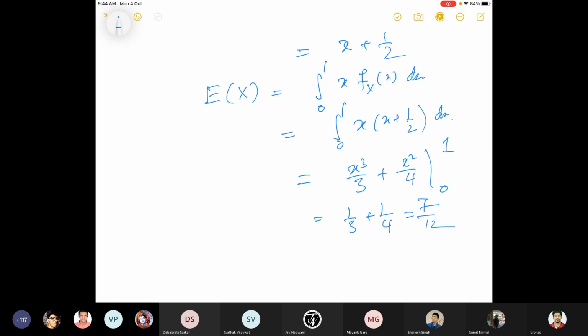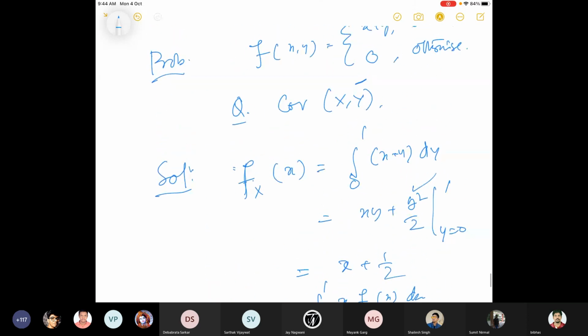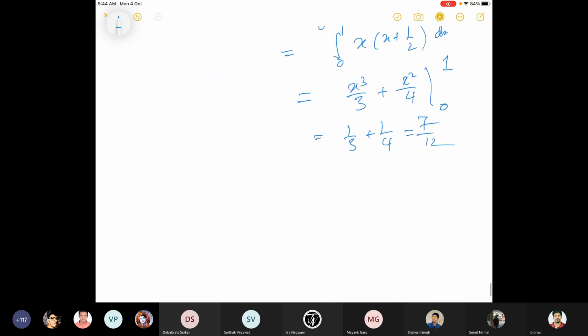So you already know what is E of X. Now, since this is x plus y, if I want to find the marginal PDF of y, I'll get the same integration. Here just y will be replaced by x. Same calculation I have to repeat. So I already know the same value will be there. Similarly, E of Y will be 7 by 12.